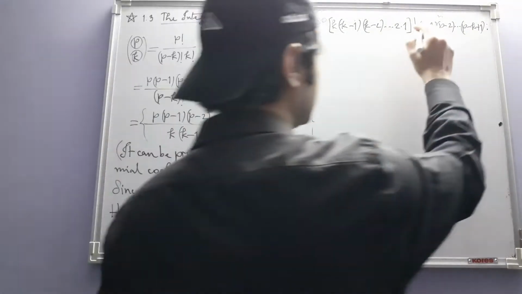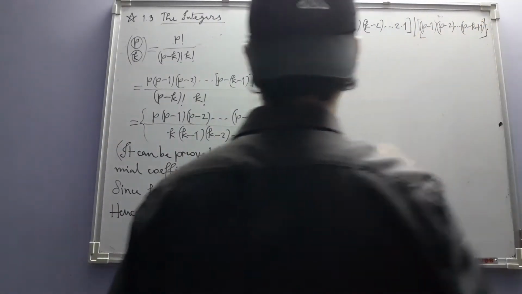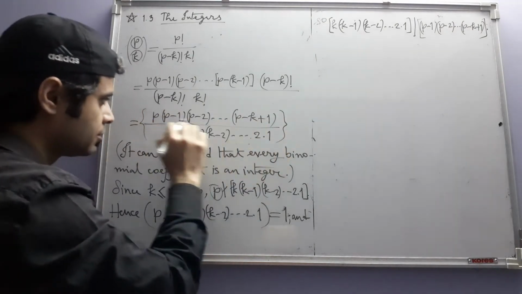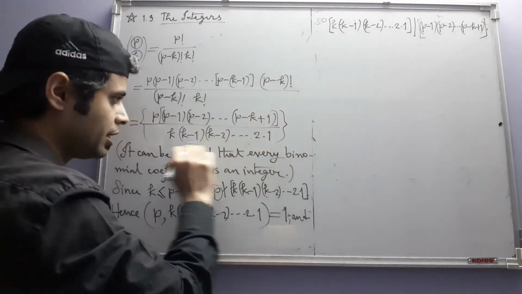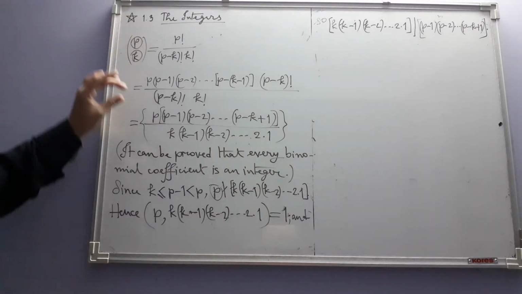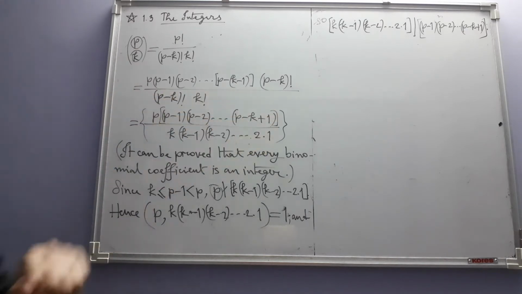Okay. So that means what? This quotient, this divided by this, is an integer. In other words, this binomial coefficient is p times an integer.